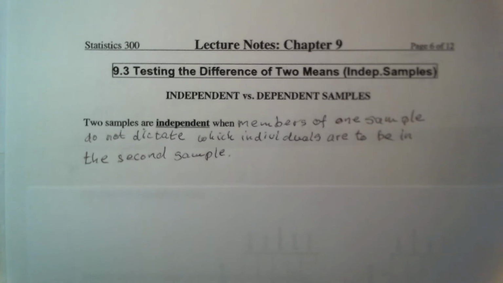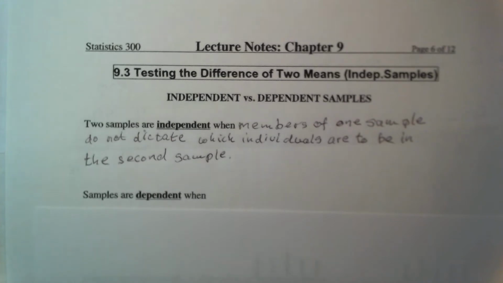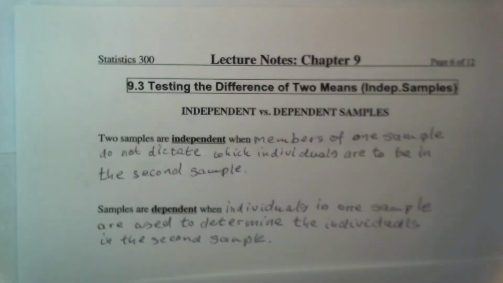Meanwhile, let's define what it means to have dependent samples. Samples are dependent when individuals in one sample are used to determine the individuals in the second sample.